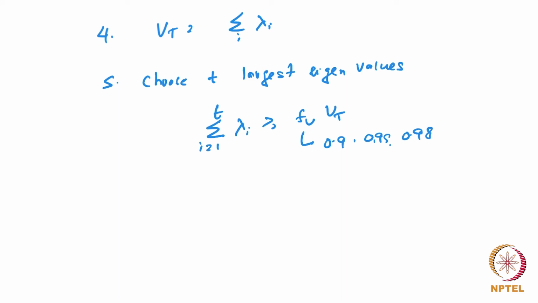So the idea is that we can approximate any training set data x as the mean plus P times b. What do these mean? P is nothing but this particular matrix where each column is an eigenvector, but it has only t number of columns.